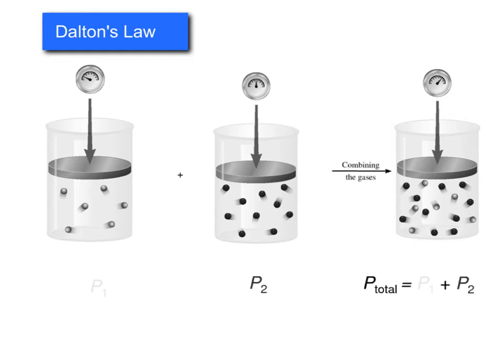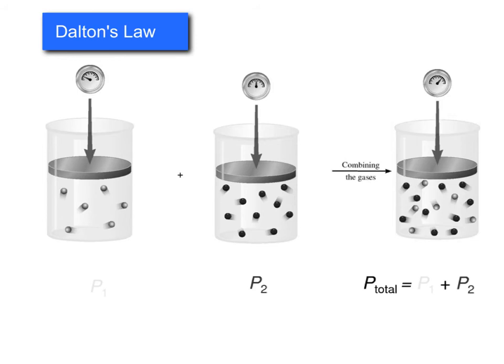Here, we only have our first gas, whatever it happens to be, in this container, the lighter colored one, and that pressure is represented by P1. In the second container, we have a darker colored gas, which we're calling gas 2, and that has a given pressure. You can tell the pressure in the second container is larger than in the first because there's more molecules present.